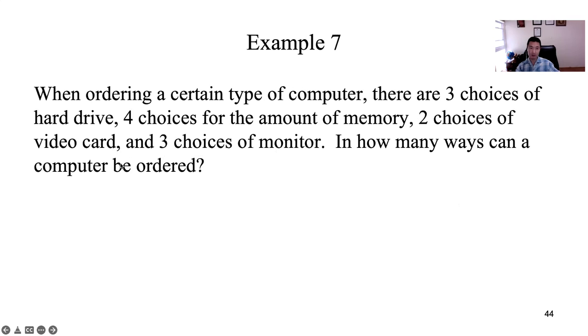How many ways? 3. Then the second step, we choose the memory, which has 4 choices. So that's 3 times 4, and similarly times 2 for video card, and times 3 for monitor. So we have 3 times 4 times 2 times 3. That's the general idea of the counting method. So simple enough.